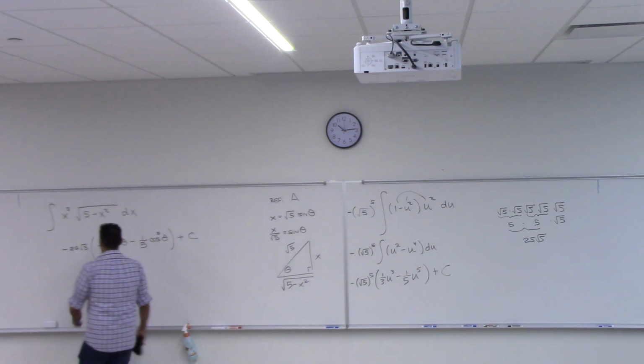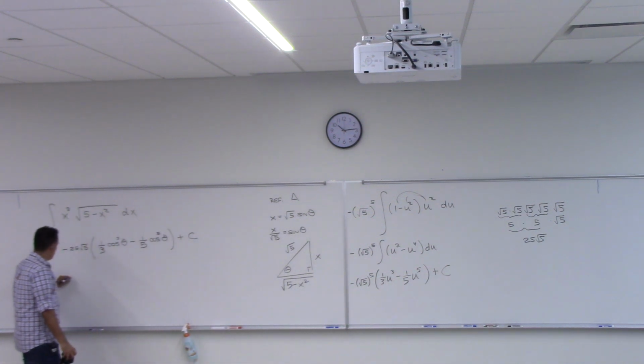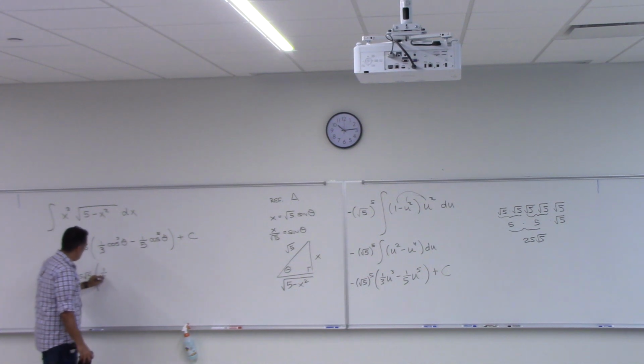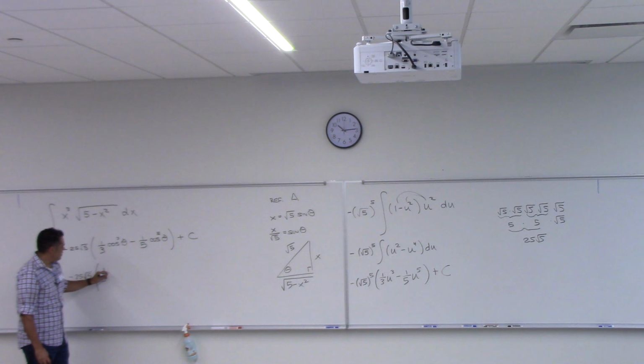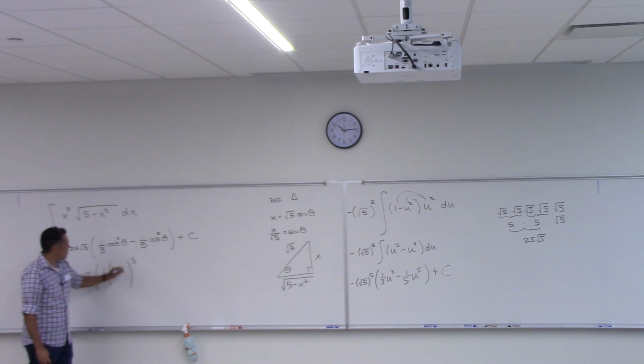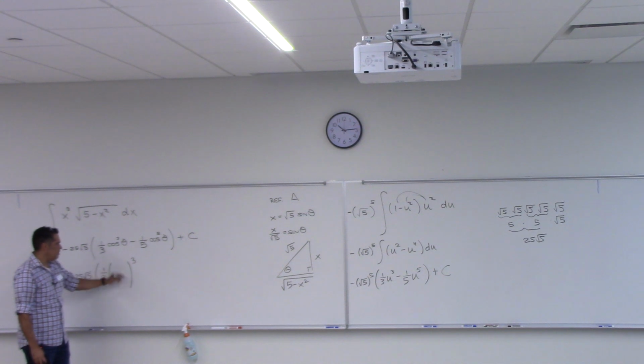I'm kind of regretting that I simplified that now. Negative 25 root 5. Okay, and then here I have 1/3. Now, be real careful here. We're doing cosine theta, but we're cubing it, right? So the way you need to write that is this. Whatever cosine theta is, put here, and then we're going to cube it.